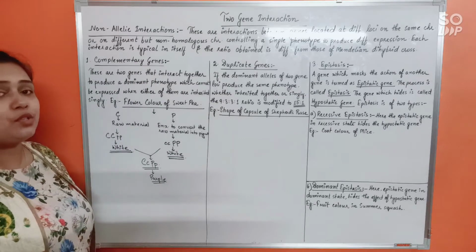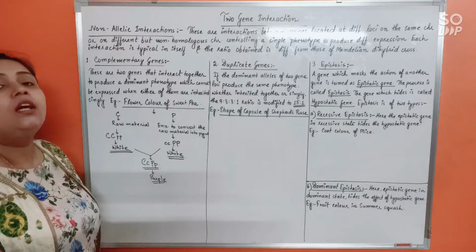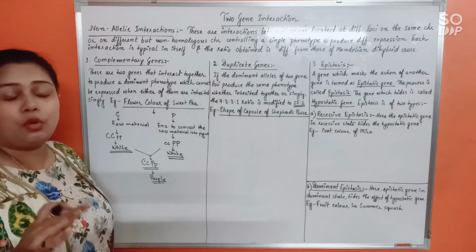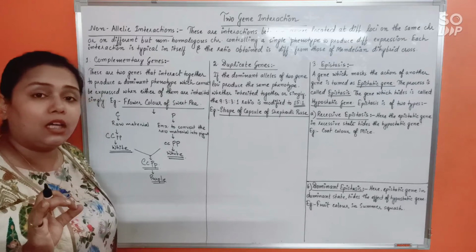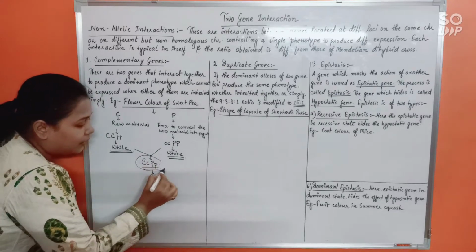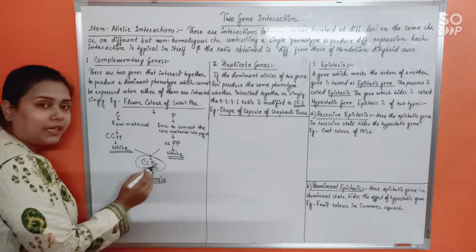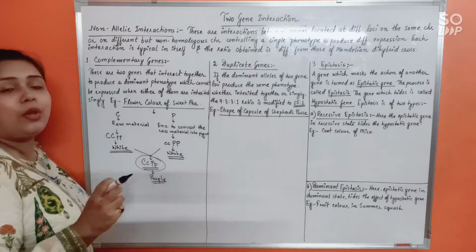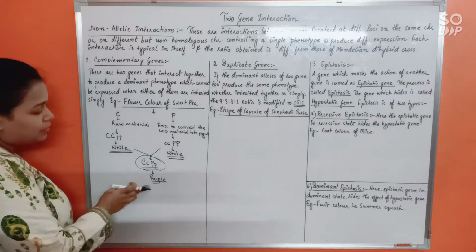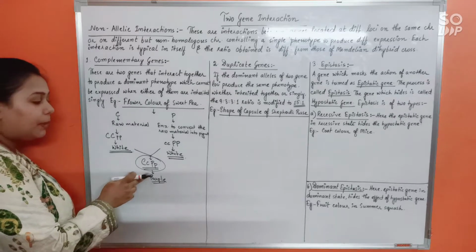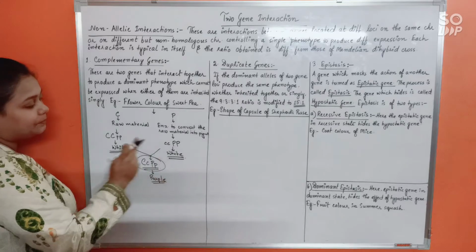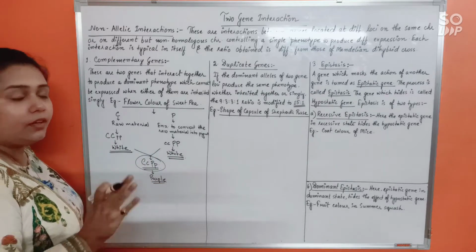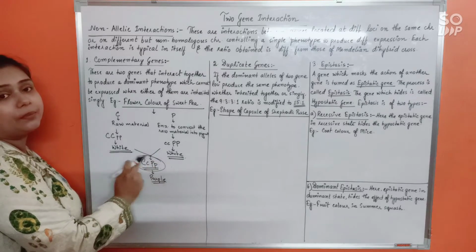Understood? Now listen to the definition to make it more clear. Complementary genes means two genes which, when inherited together, that means both have dominant alleles, both are functional, produce a dominant phenotype, but when inherited singly do not express the dominant phenotype, rather produce the same phenotype.